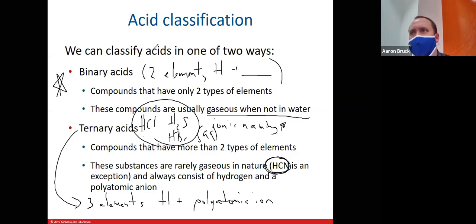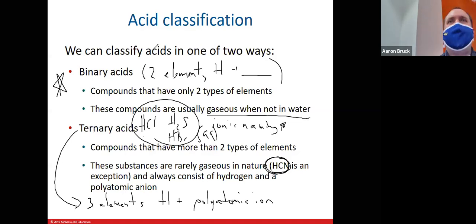So we don't have to worry about anything funny going on there. If you see H2SO4, HNO3, H2C2O4, H2CO3, all of those are ternary acids.